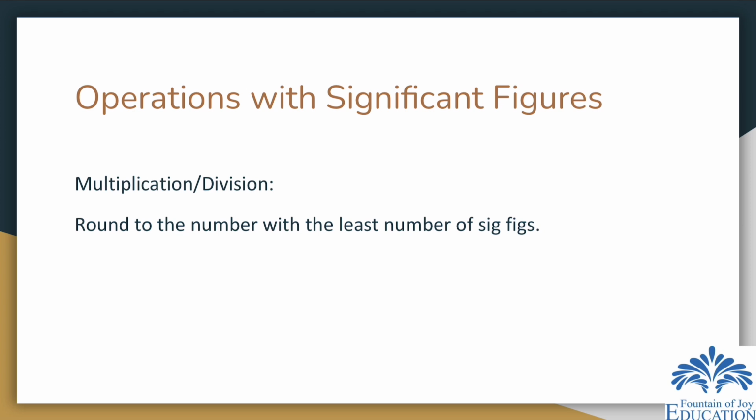So let's look at an example of multiplication. 3.65 times 4.792. This gives us the answer 17.4908.